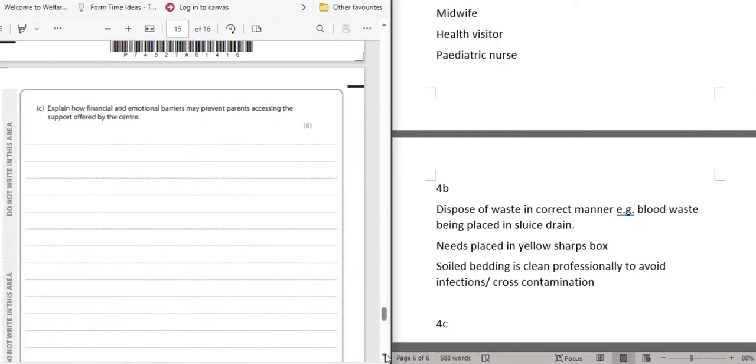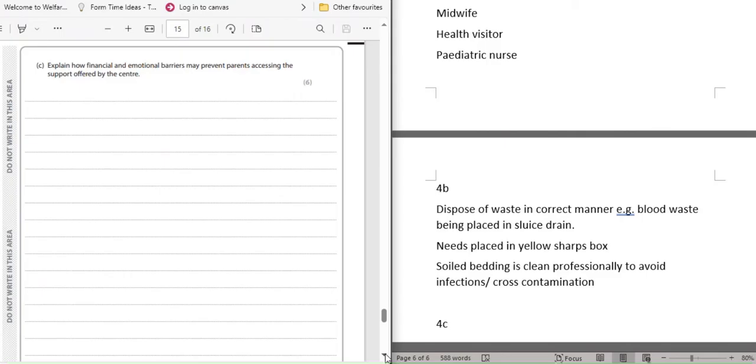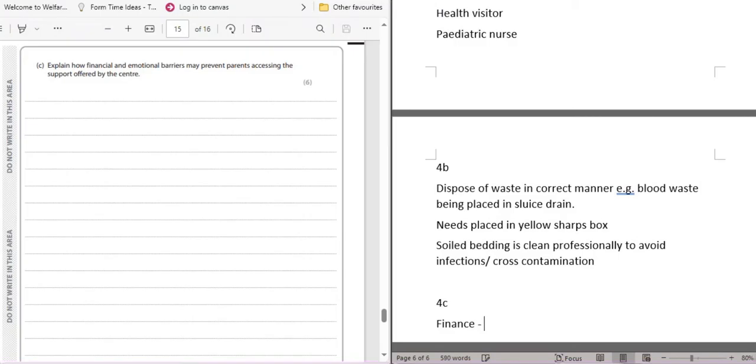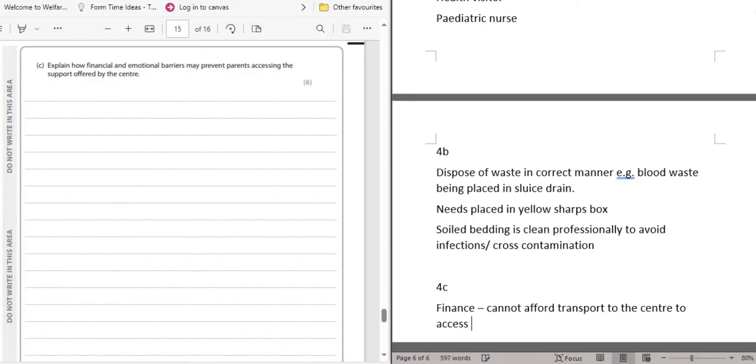4C is our next question. Explain how financial and emotional barriers may prevent parents accessing the support offered at the centre. So financial barriers is quite straightforward. So financial would be cannot afford transport to the centre to access support, don't have money to call centre.